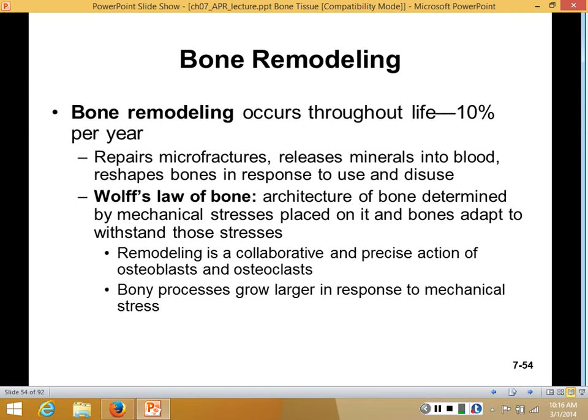Second paragraph, Wolff's Law of Bones. Someone read that for me. States that the architecture of bone is determined by the mechanical stress placed upon it. If a bone is little used, osteoclasts remove matrix and get rid of unnecessary mass. If a bone is heavily used or stress is consistently applied to a particular region of a bone, osteoblasts deposit new osseous tissue and thicken the bone.